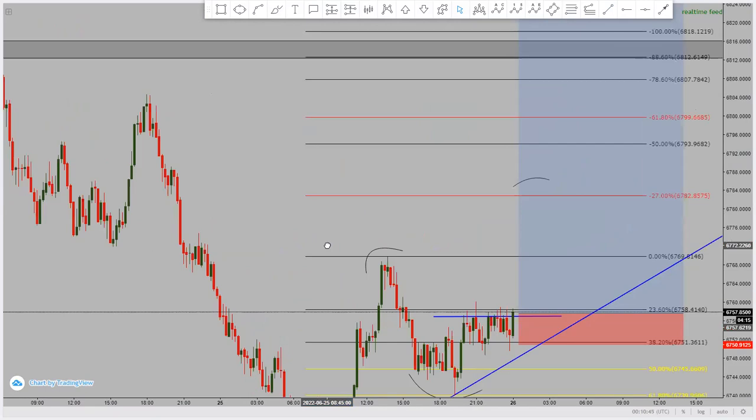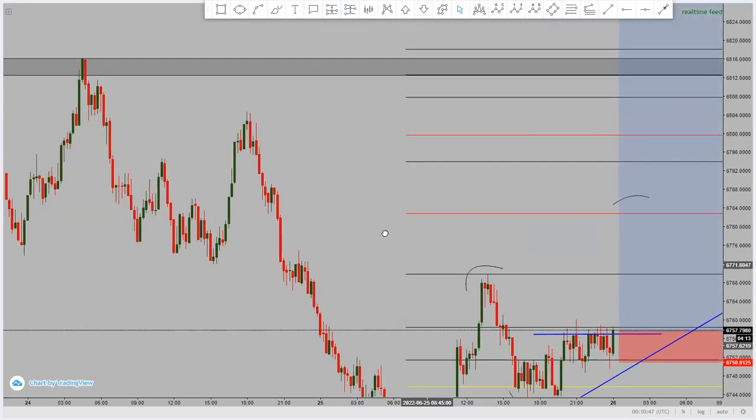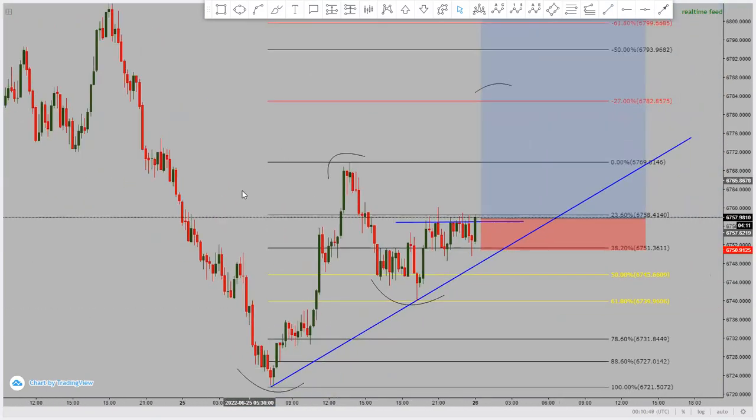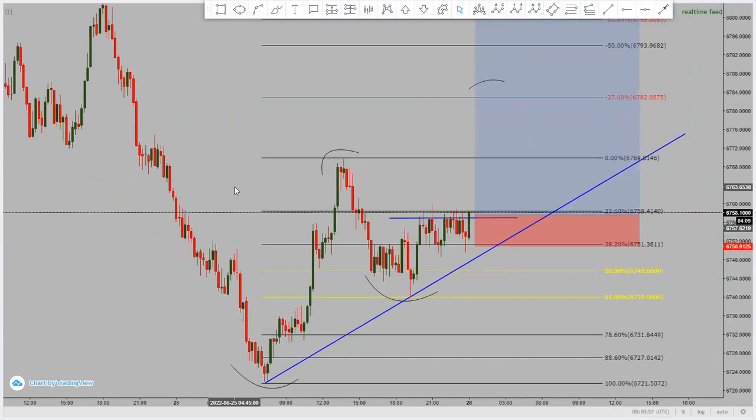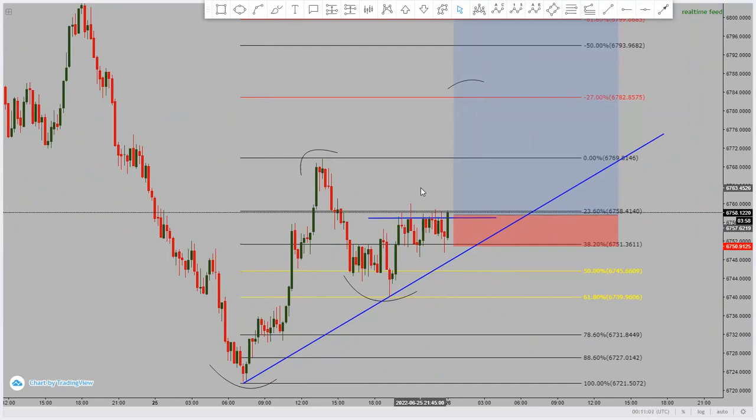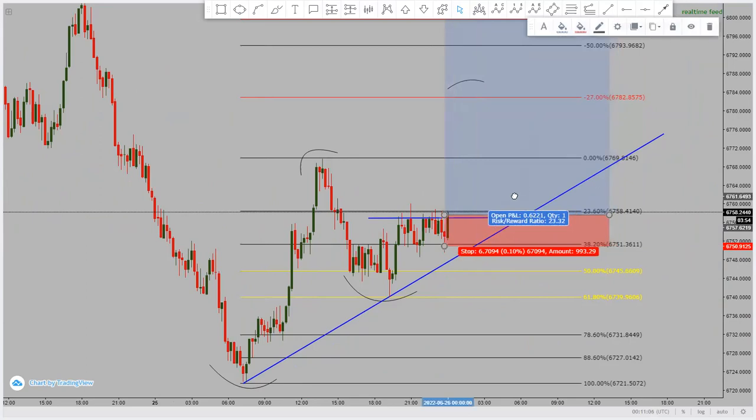So my entry should be after that small resistance there, right? After the candle closes after that resistance. Yeah, after the break here. Okay. You can immediately enter. You can enter after the break there.